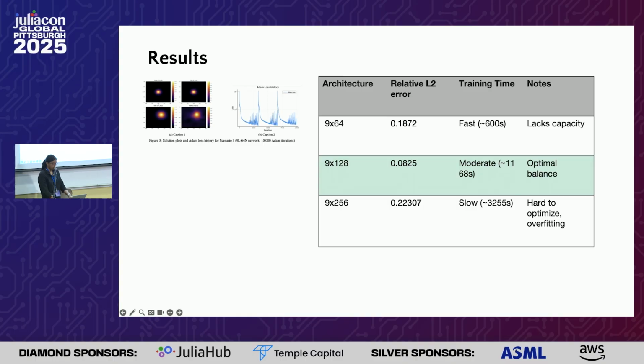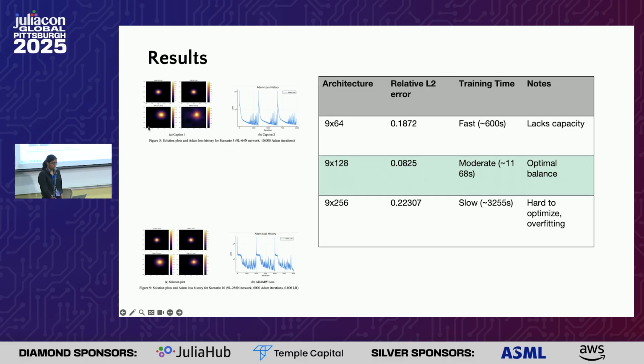As you can see here, for the 64 neuron network, the loss history on the right struggles to converge and has a lot of noise. And the final prediction on the bottom right has visible artifacts and a noisy background compared to the ground truth. In the 256 neuron network, while its final loss is low, you can see the training was more erratic, with large spikes in the loss history.